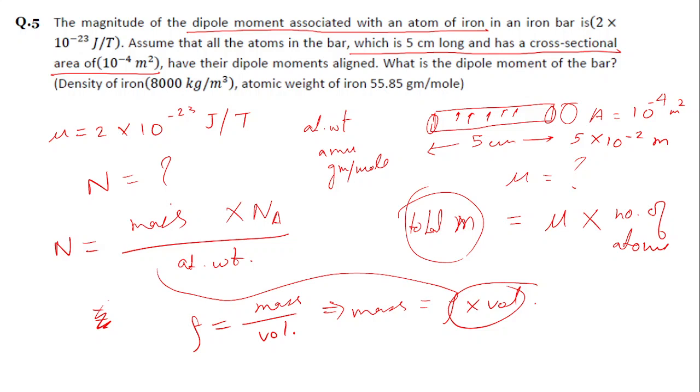Now further, what we had to calculate is the dipole moment. For the magnetic moment of each atom, I am given already. I just needed the number of atoms. Now I have got the number of atoms, so I can just multiply.